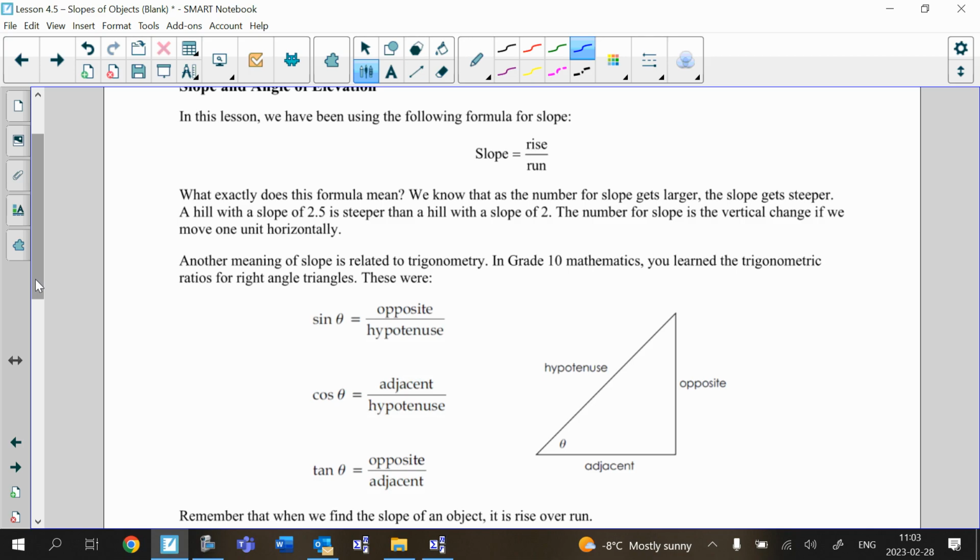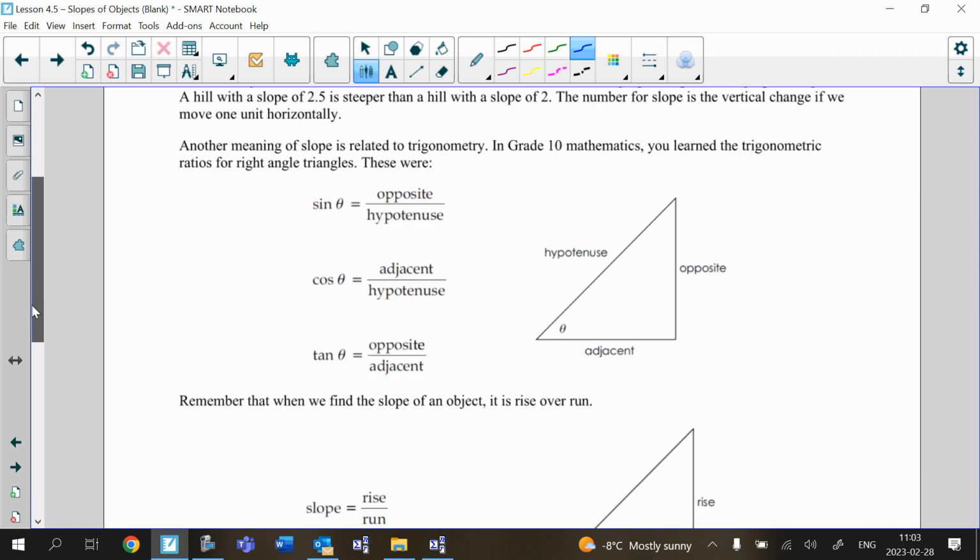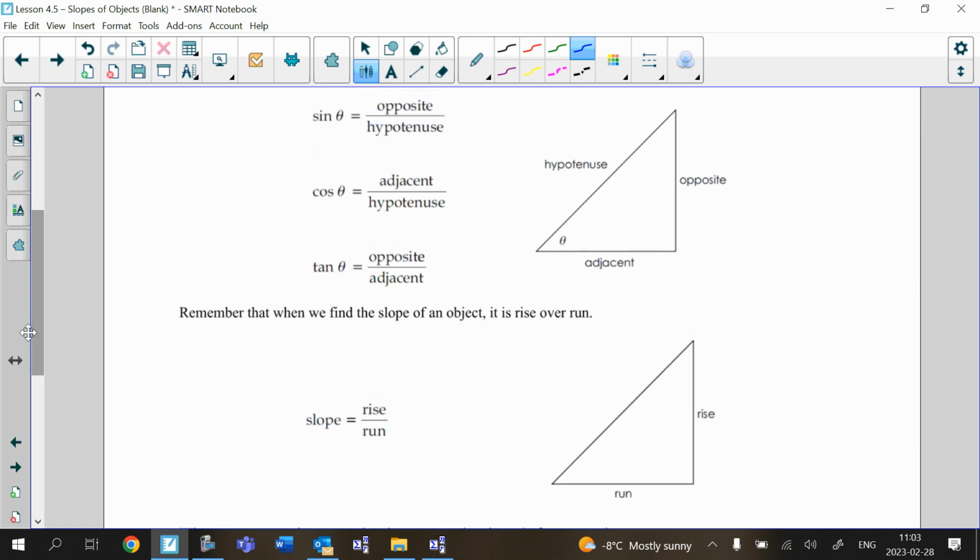We're going to do sort of a mini unit on trig later on, but this is a quick review of trigonometry. There's three ratios in trigonometry, and what do we use it for? We use it to find missing angles or missing sides. That's the purpose of it.